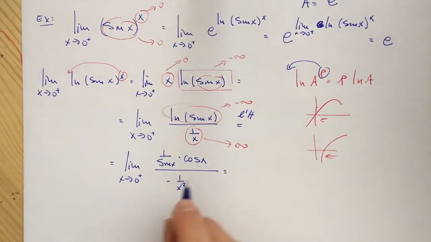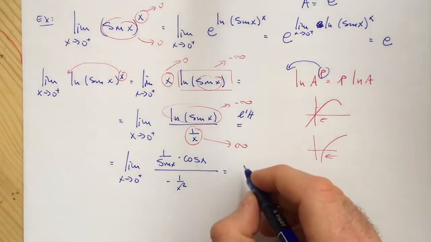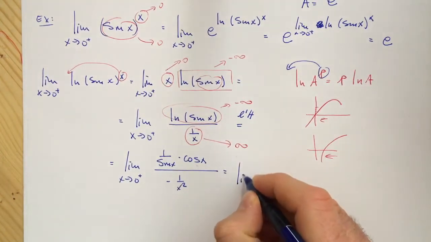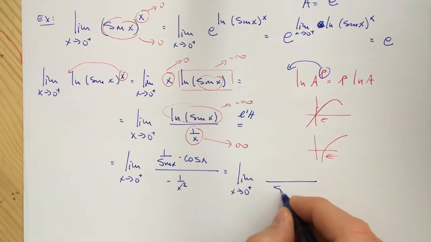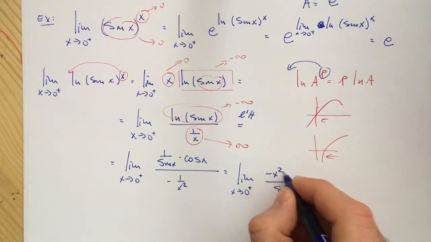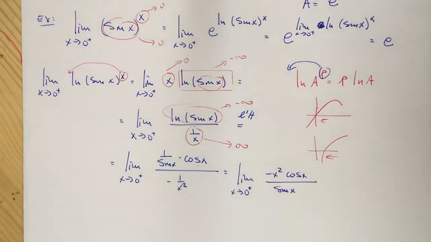Now always remember, once you've applied L'Hopital's rule, you want to simplify this expression. So that's sine of x over negative x squared times cosine of x. When x approaches 0, the numerator goes to 0 and the denominator goes to 0.